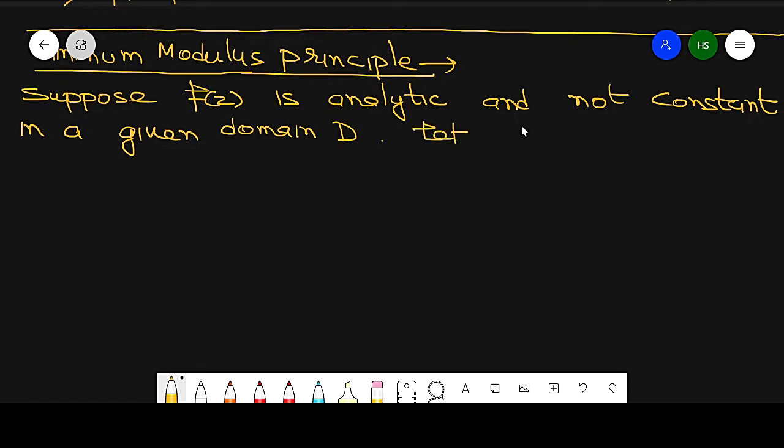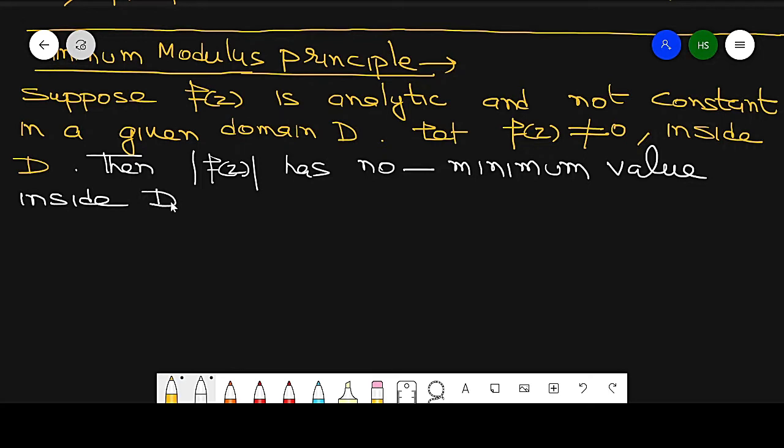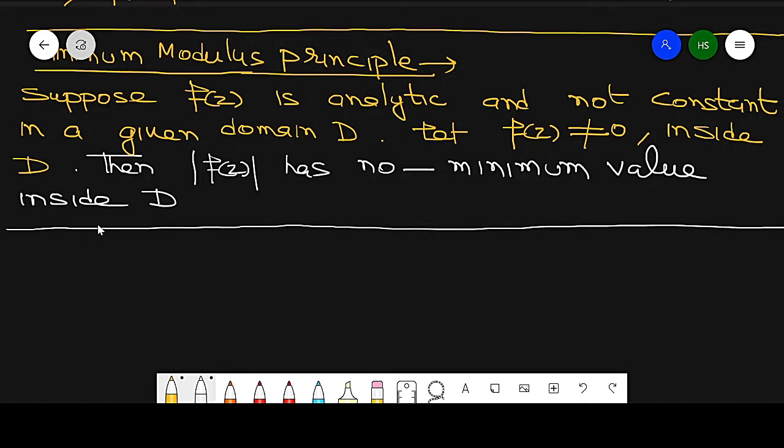In addition to that, let f of z be not equal to 0 inside D. Then modulus of f(z) has no minimum value inside D. So that is the statement.